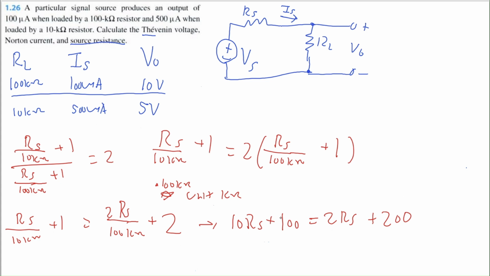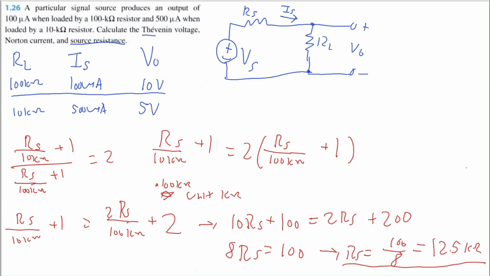Now we can just solve for RS, so I'll subtract 2 RS to the left side, 8 RS, subtract that 100 to the right side is equal to 100. So I get RS is equal to 100 divided by 8. Plug in my calculator. It is 12.5 kiloohms. Okay, so that is our source resistance. Let me clean this up, and then we'll solve for voltage and current.